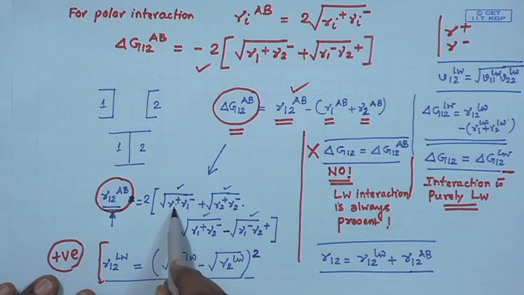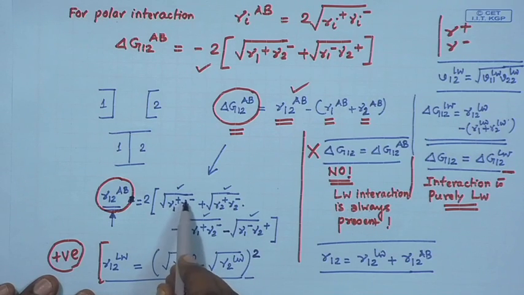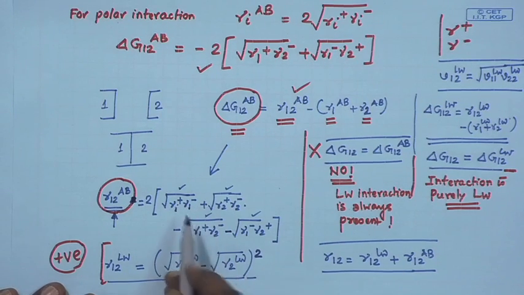interaction, because this is interfacial tension of 1, this is interfacial tension of 2. So, this is polar interaction, but between the gamma plus and gamma minus of the similar objects. This is within 1, this is within 2, and this is the adhesive interaction, that is the polar interaction between dissimilar objects.